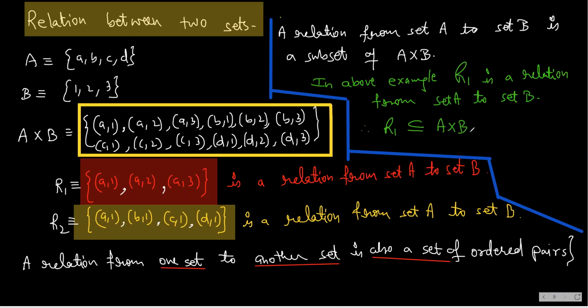Same is the case with R2. R2 is a relation from set A to set B, so R2 is a subset of A cross B.